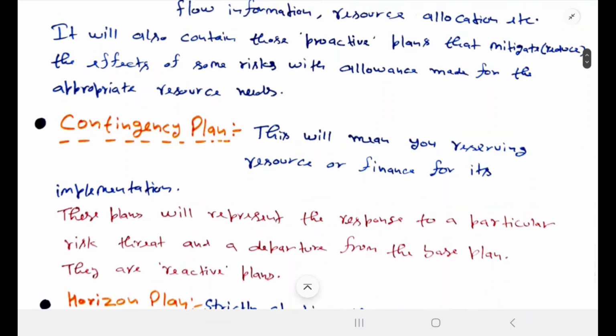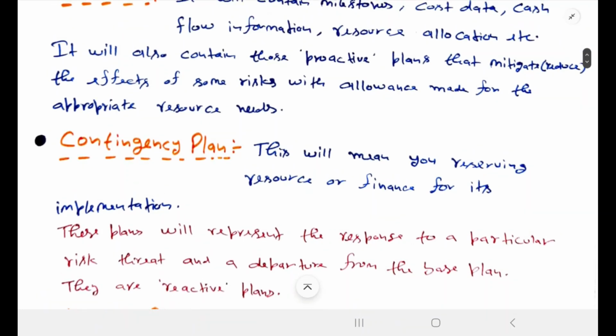Our next plan is the contingency plan, and this means reserving resources or finance for its implementation. Before the contingency plan, we have a better idea about resources: these resources we need, and this type of fund we need to proceed.